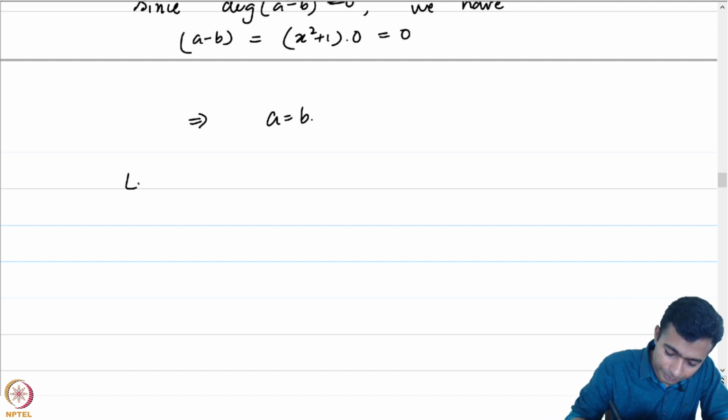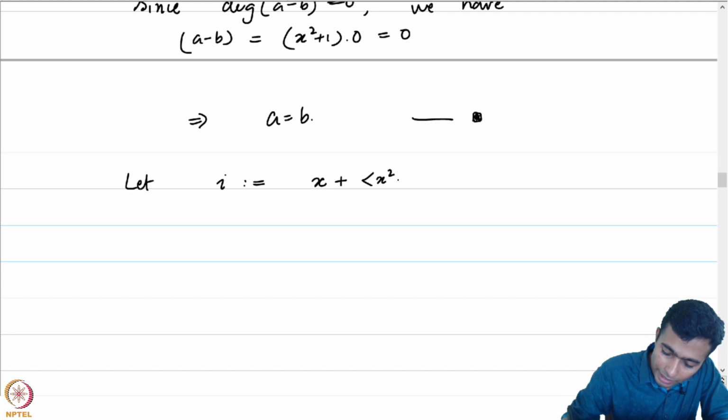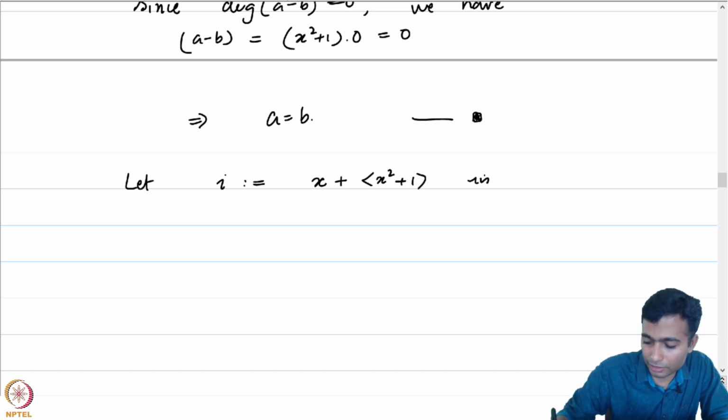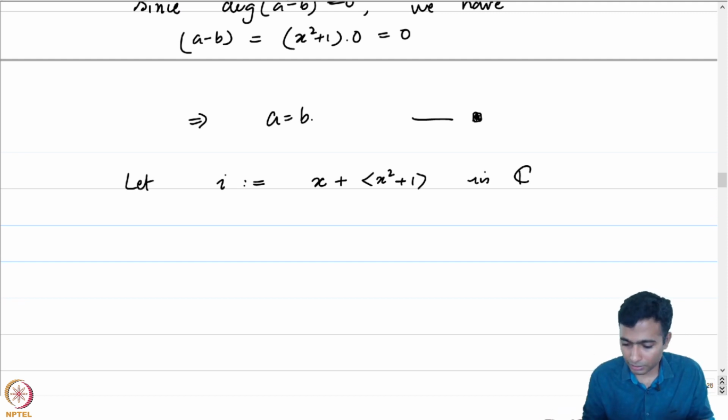So let I be defined to be equal to the coset represented by x in C. Recall that C is R of x mod x square plus 1. So you look at the coset represented by x.